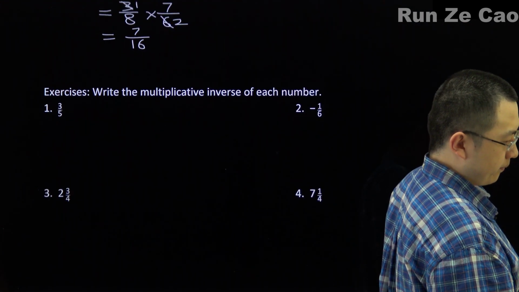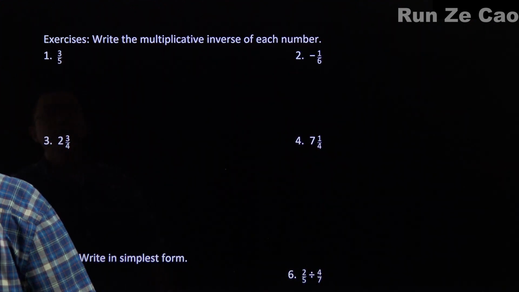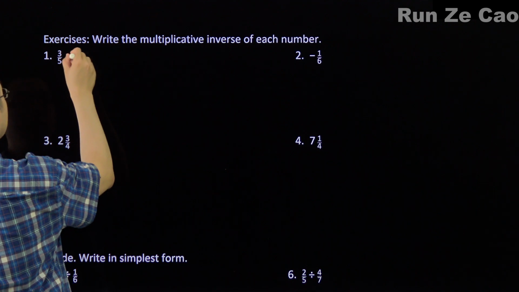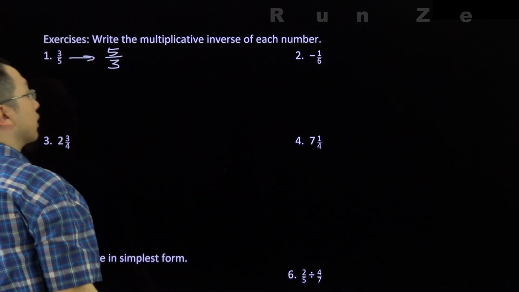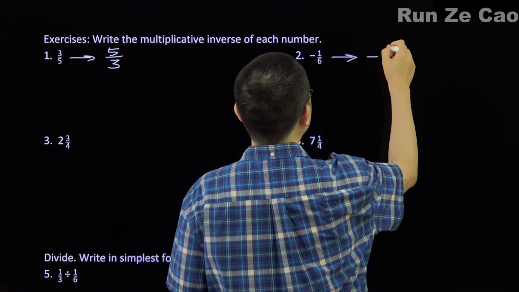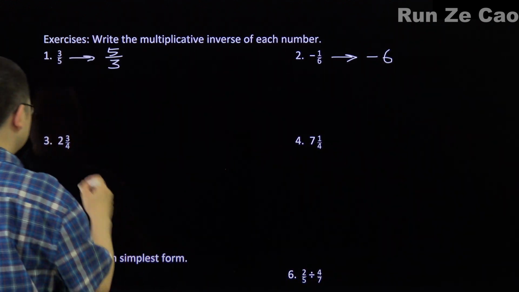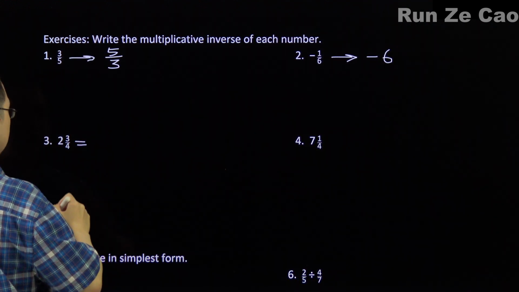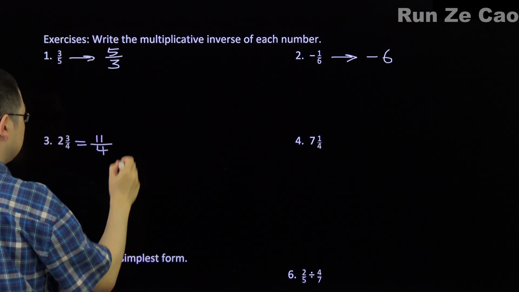Now, let's write the multiplicative inverse of each of these. Well, 3/5, we go to 5/3 for the reciprocal. -1/6, -6/1, or just 6. 2 3/4, that's equal to 11/4.